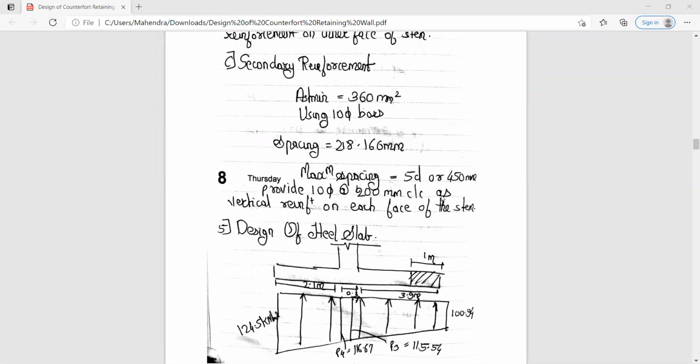After completing the diagram, let me know so that we can proceed with the design of heel slab. Yes, done with the diagram, all of you?